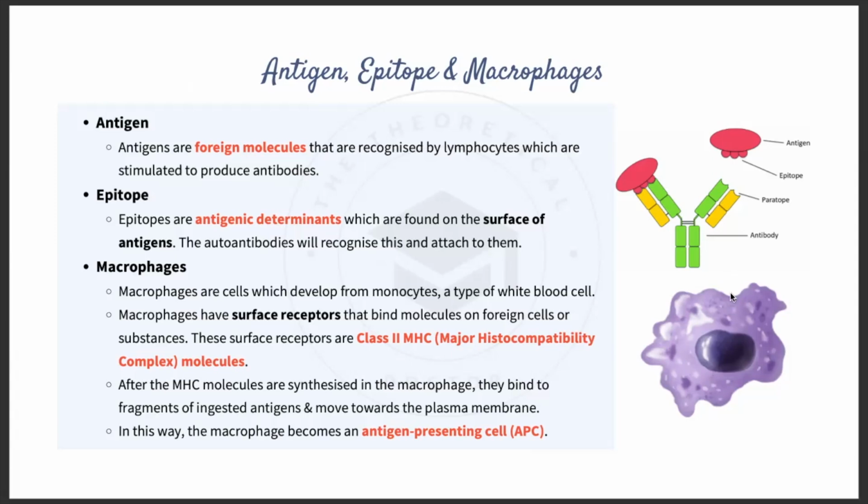In this way, after it has displayed it, the macrophage becomes an antigen presenting cell. Presenting because it's showing it has taken up the antigen, and it's showing a part of the antigen outside of the macrophage, basically like holding a sign like, here I've contained the enemy, so you can come and attack.